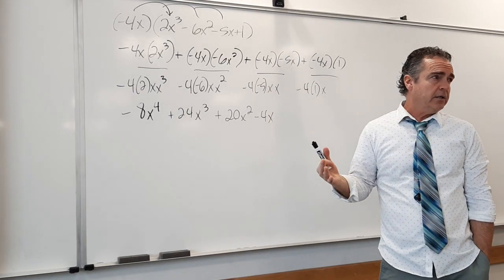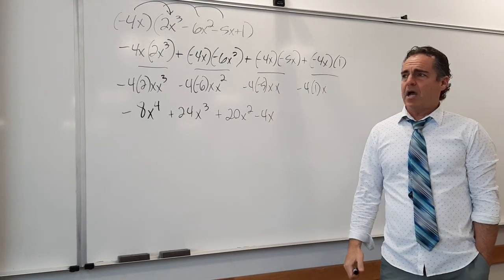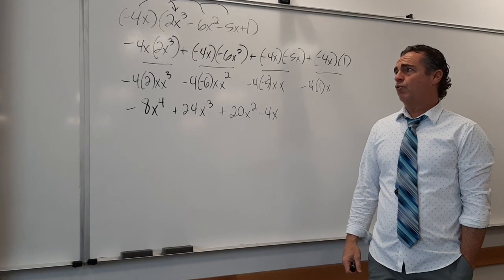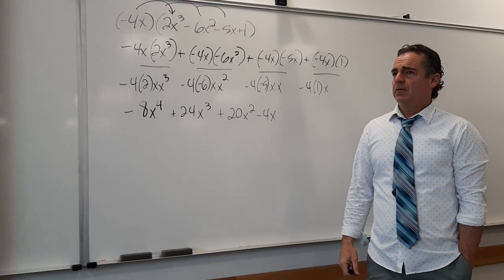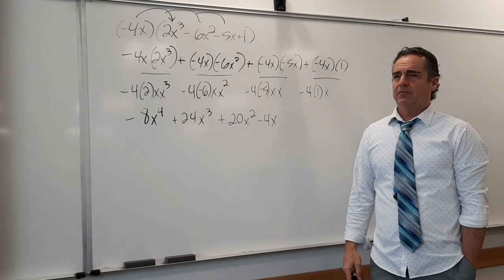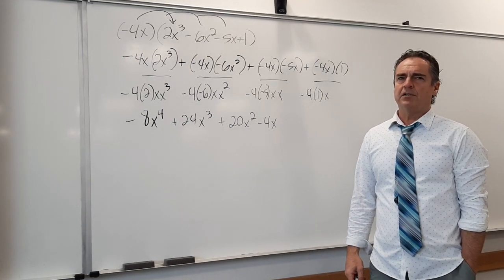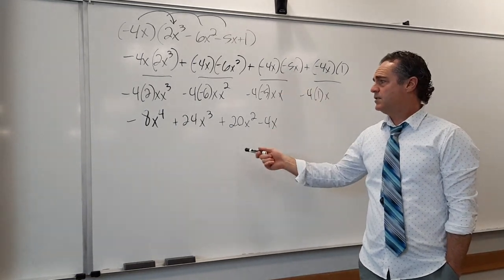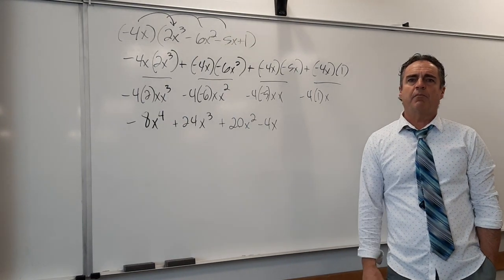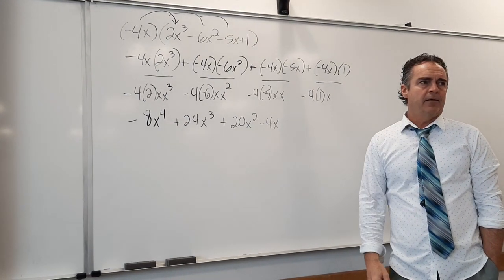It's just work. People tell me all the time, Brother Rich, I want to be successful, I want to be rich. And I'm like, do you really? Because sometimes they really don't want to work. They want the goods, but they don't want to do the work. This is the price to pay to get the right answer on this problem. If you're trying to do it in your head, you're going to screw it up.